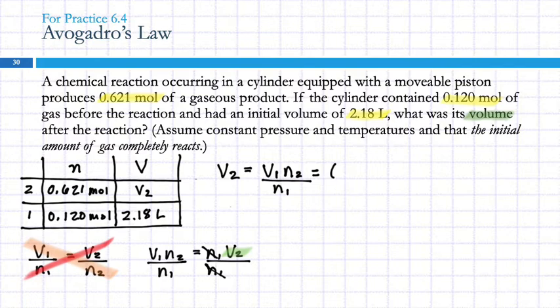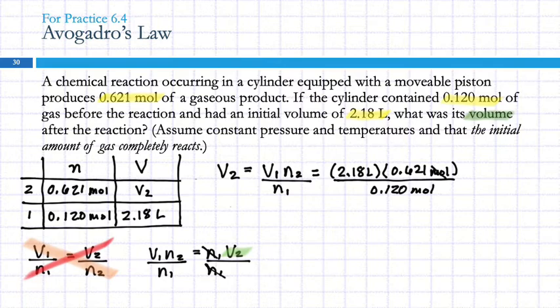So volume 1, 2.18 liters. Amount of gas in moles number 2 was 0.621 moles divided by N1, which is 0.120 moles. You should always put the units in the equation.